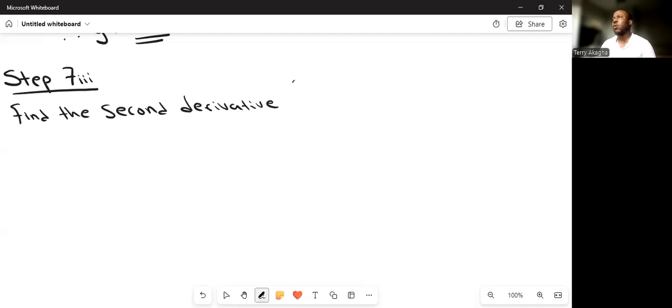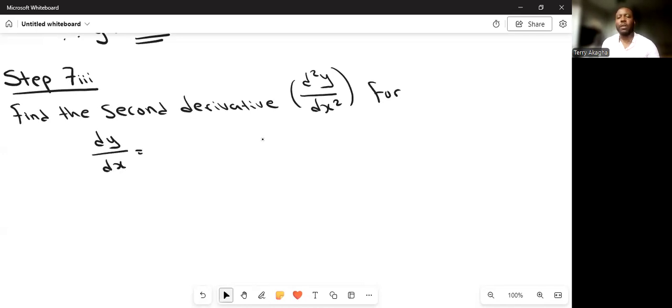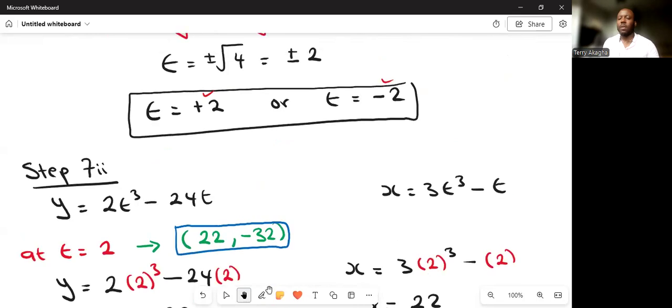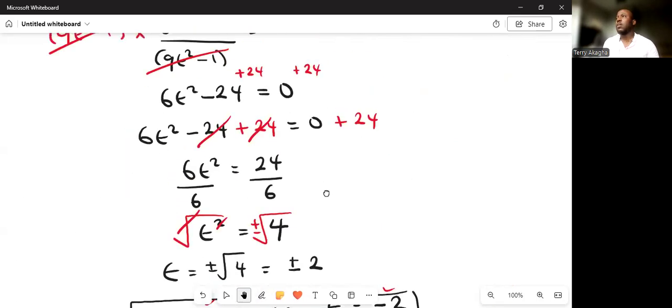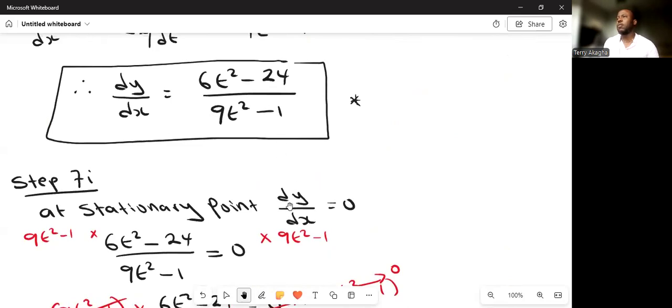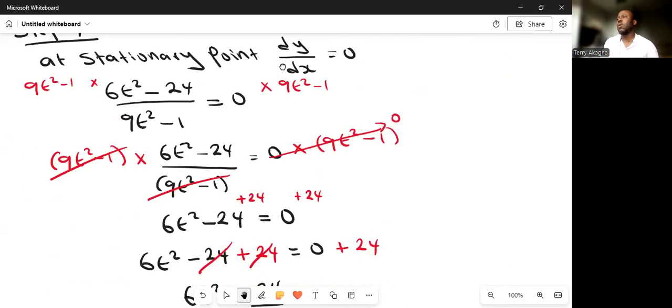Right, so we're looking for the d2y over dx squared. The dy over dx we had before, if I go back to check and if I remember correctly, was 6t squared minus 24 over 9t squared minus 1.